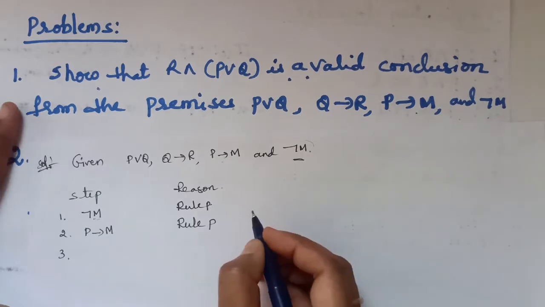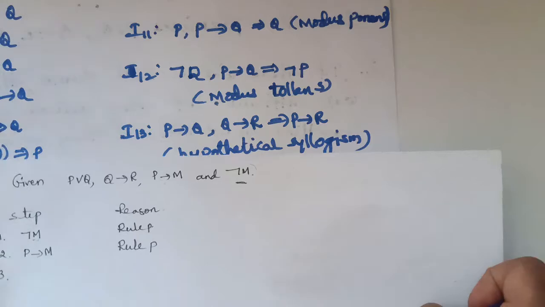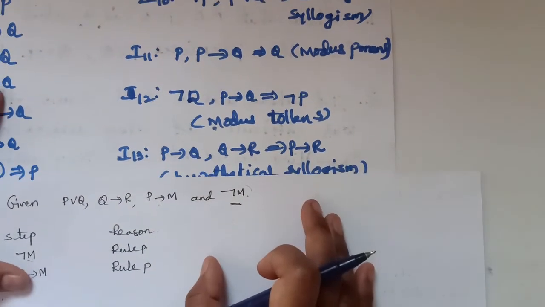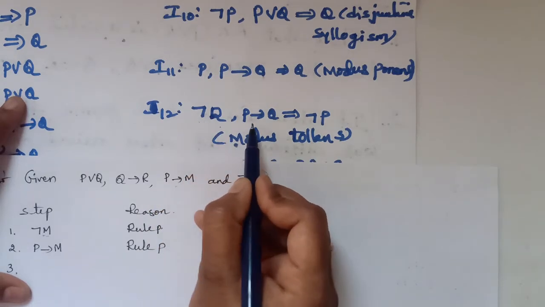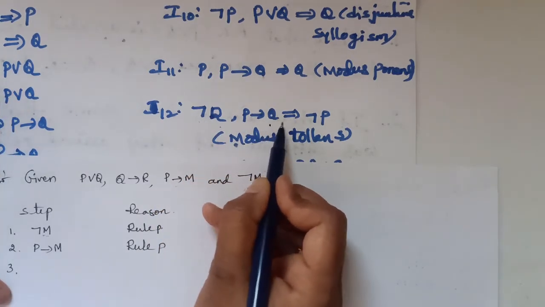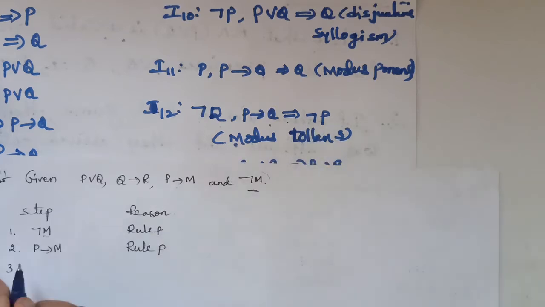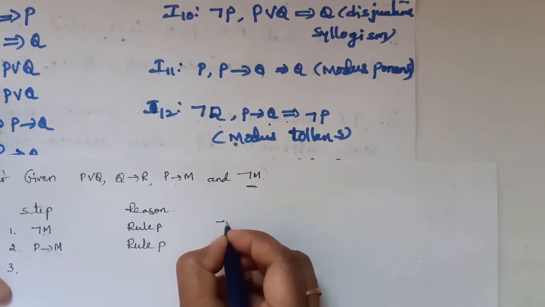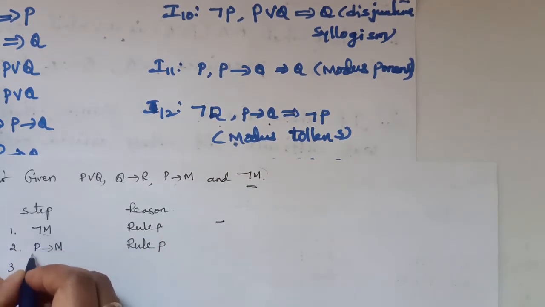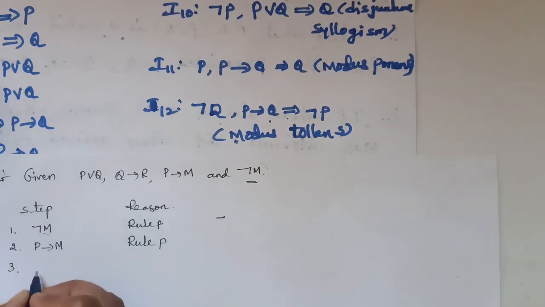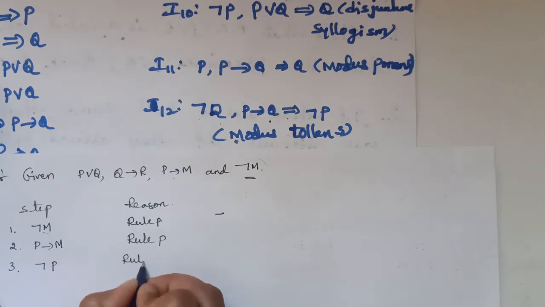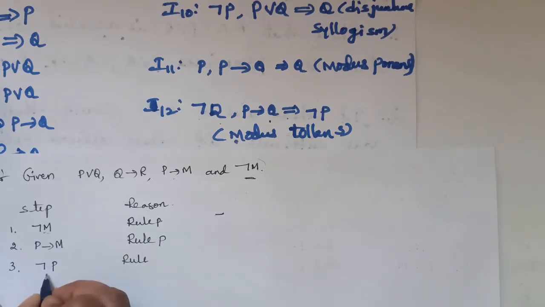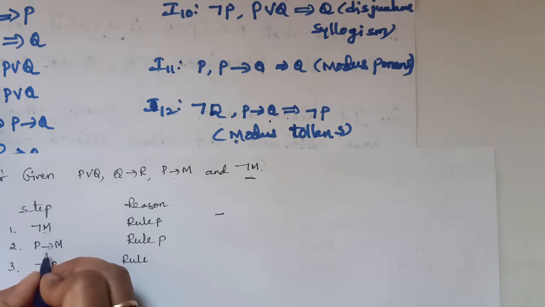See here, the implication formula: negation Q, P conditional Q implies negation P. So here it is negation M, P conditional M implies negation P. So we have derived this premise from these two premises.